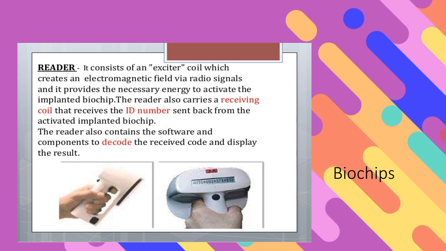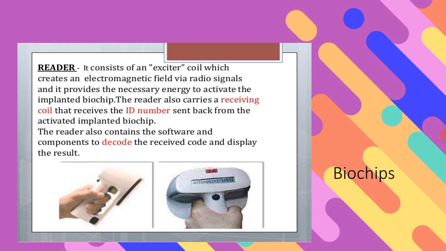The reader will also carry a receiving coil. So two coils are present in the reader, namely the first is the exciter coil and the second is the receiving coil. The receiving coil receives the ID number.